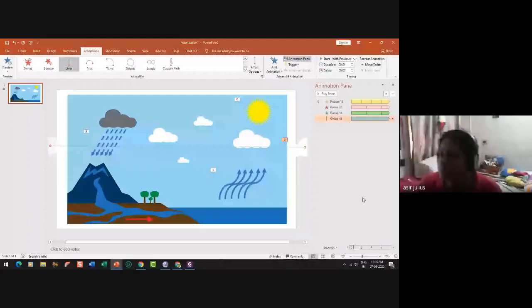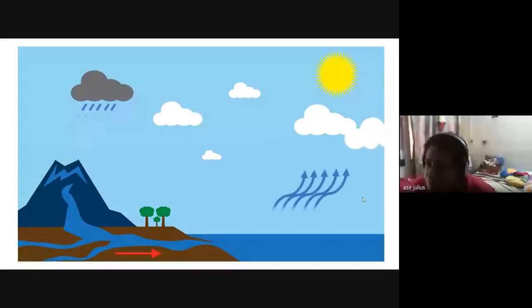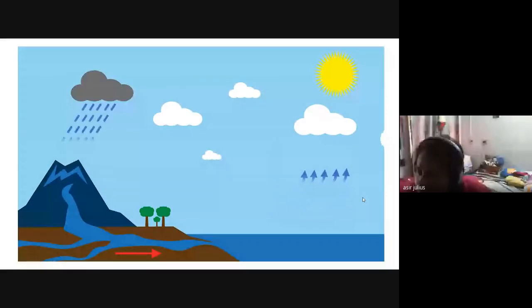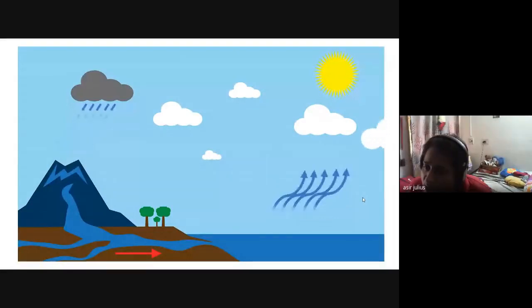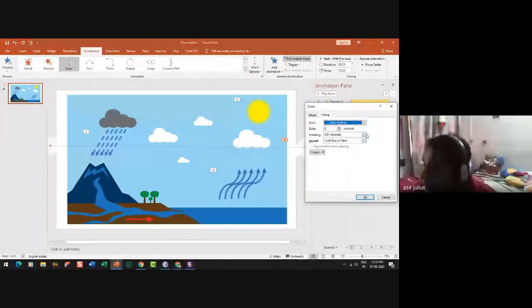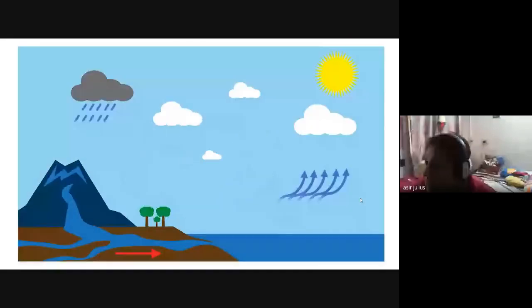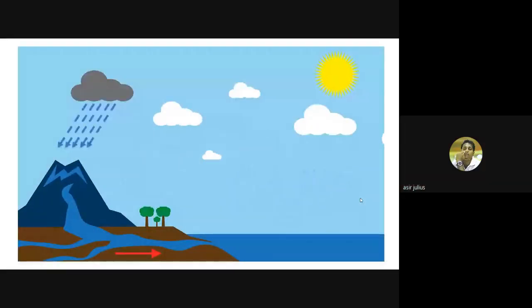Now I'm going to press F5. Something has happened because we have kept this cloud very fast, and it is only flickering. Now come back, clicking it, timing extremely slow. Now I'm going to show it, and this is what happens.